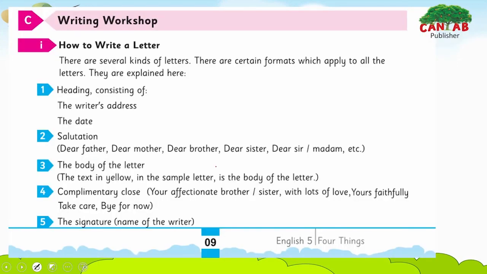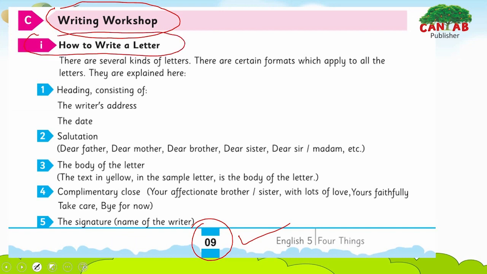First of all, students, you should open your book to page number 9. Here the writing workshop is on how to write a letter. Today we will be discussing the basic things that are required in writing a letter, and the composition of the letter in terms of writing skills.